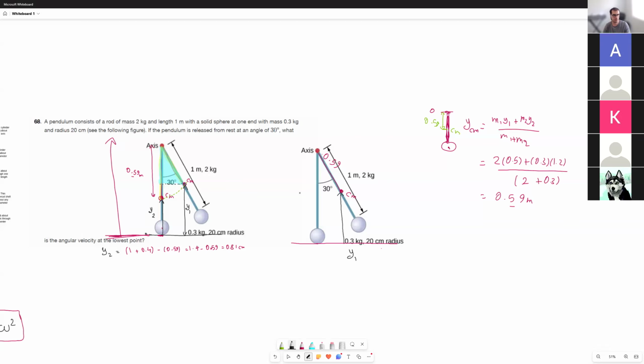What is that y1? We need help. What is that y1? What should I do?